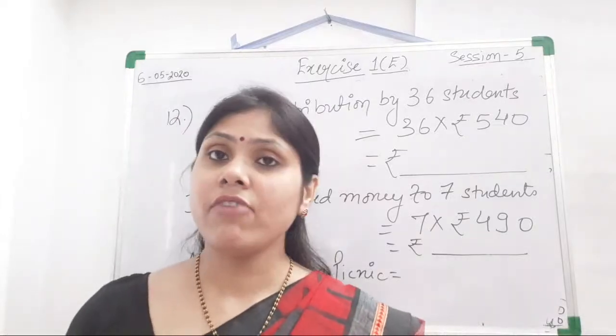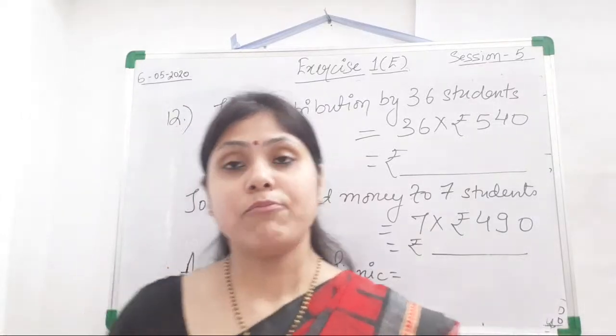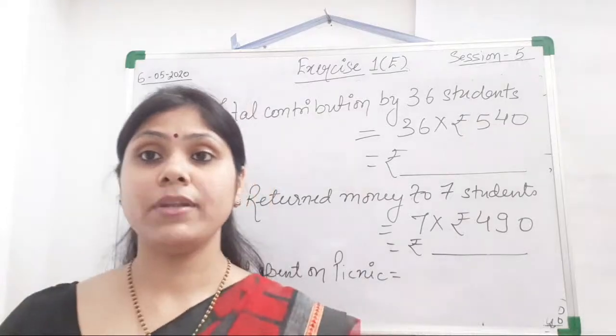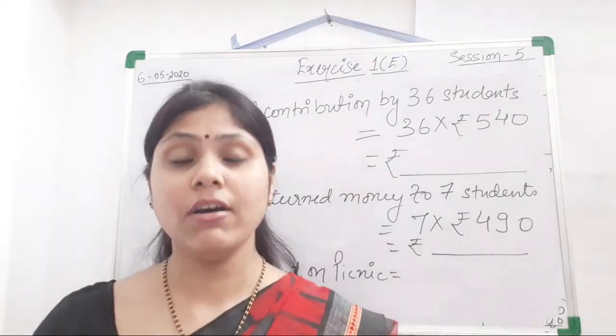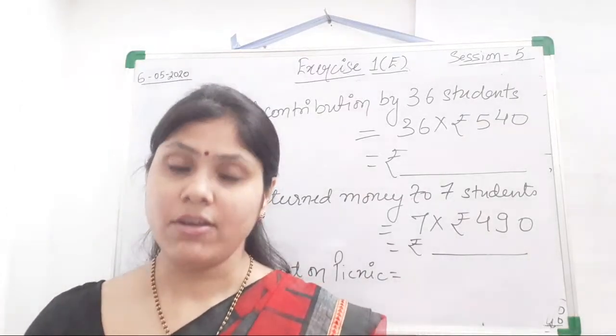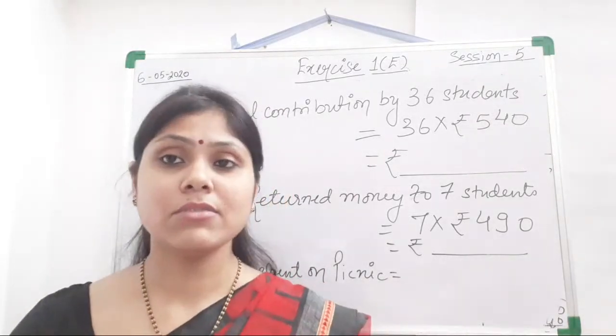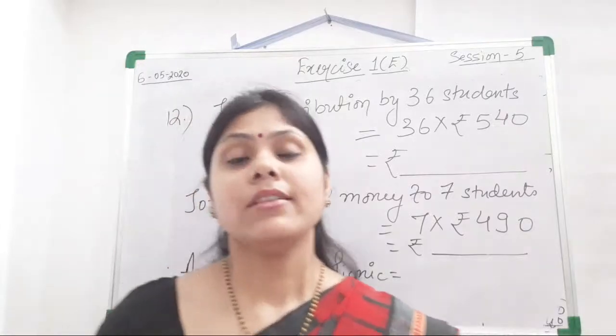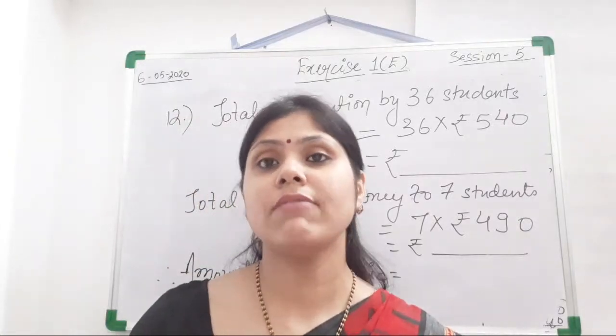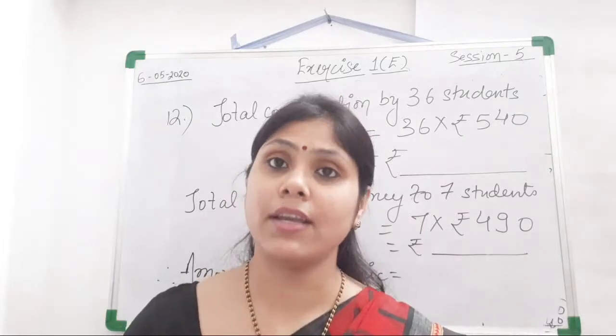Then the same thing we have done for division as well. If numerator and denominator both were positive, then your answer comes positive. If both were negative, then also your answer comes positive because like signs were there. And if one sign was positive and one was negative, your answer comes negative.